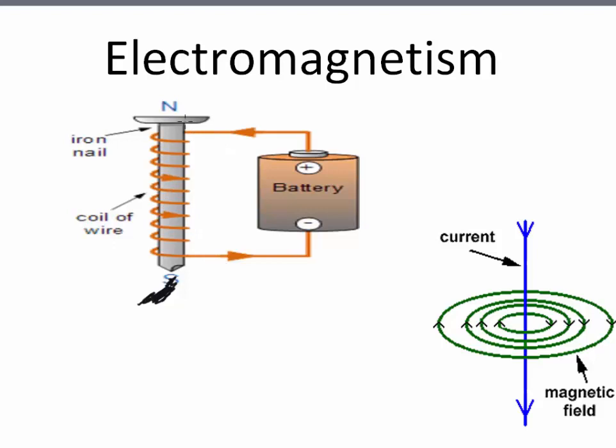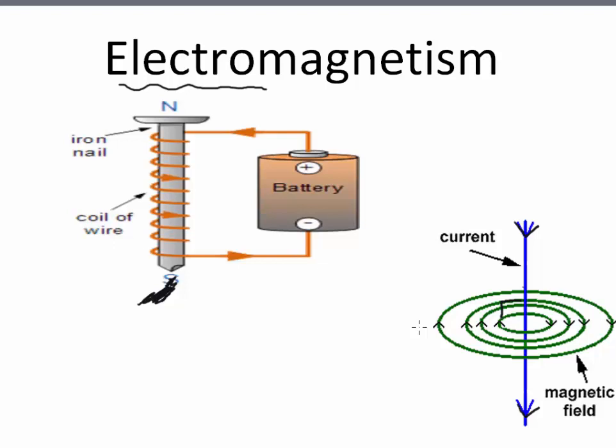So we see that electricity can cause a magnetic field. And what we see here is that if we have a current, and now this blue line is a current carrying conductor, the current is flowing in this direction. We see that the magnetic field around it, remember these lines are imaginary, and these lines never touch one another, but they are perpendicular in their plane compared to the conductor, which means there's a 90-degree angle between this blue conductor and the magnetic field.